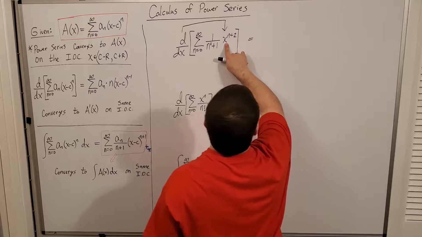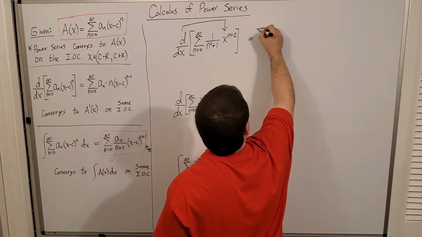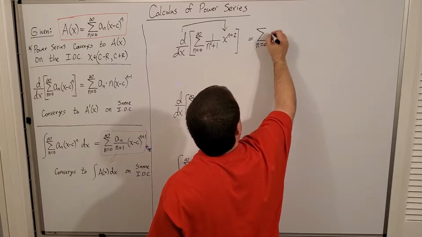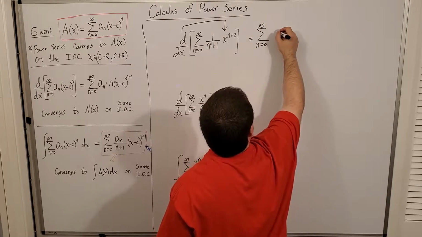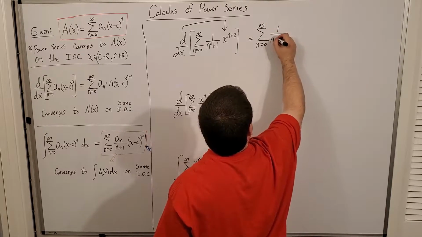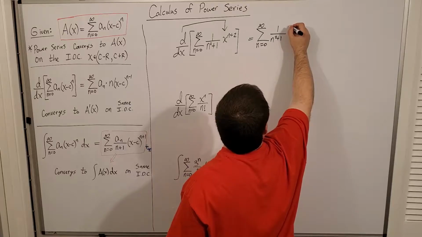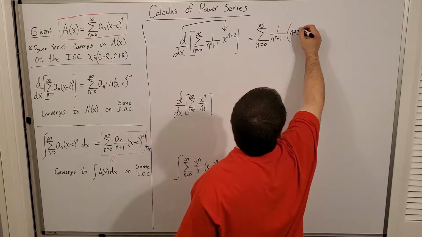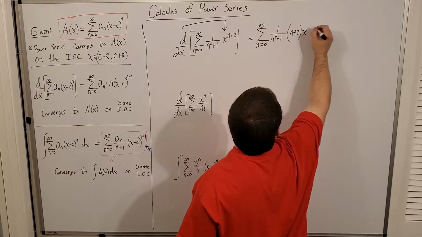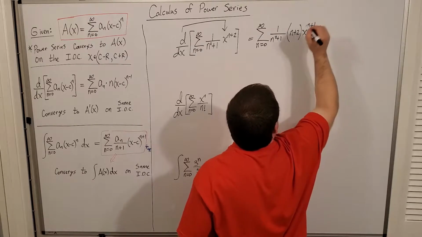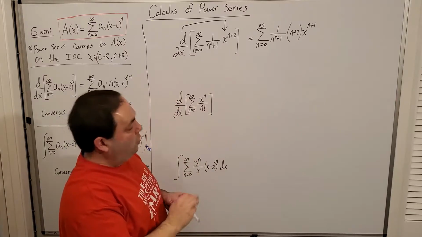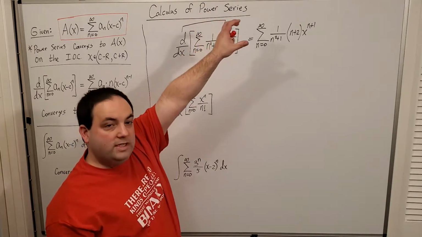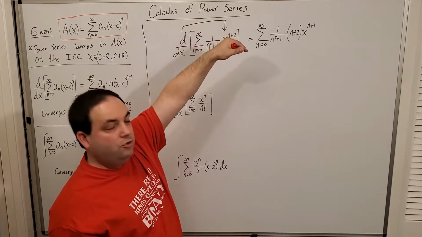So the derivative of this, I'm going to have the 1 over n squared plus 1 times n plus 2 times x to the n plus 1 power. Because what did I do? I took the power that was there, right? I dropped it and I subtracted 1.